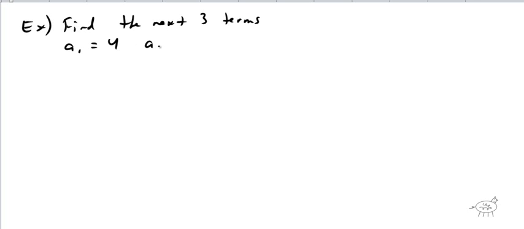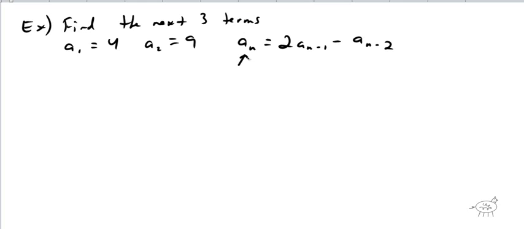It says find the next 3 terms. And I'm going to tell you a sub 1 is 4. I'm going to tell you a sub 2 is 9. I'm giving you two terms here. Your equation, a sub n equals 2 times a sub n minus 1 minus a sub n minus 2.